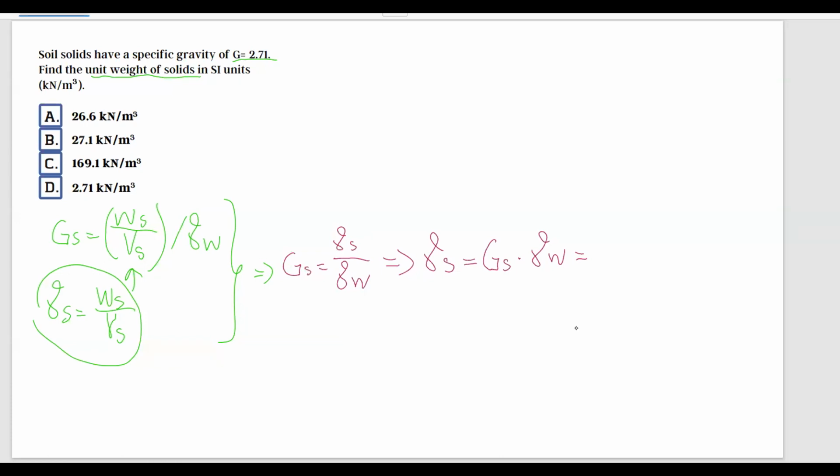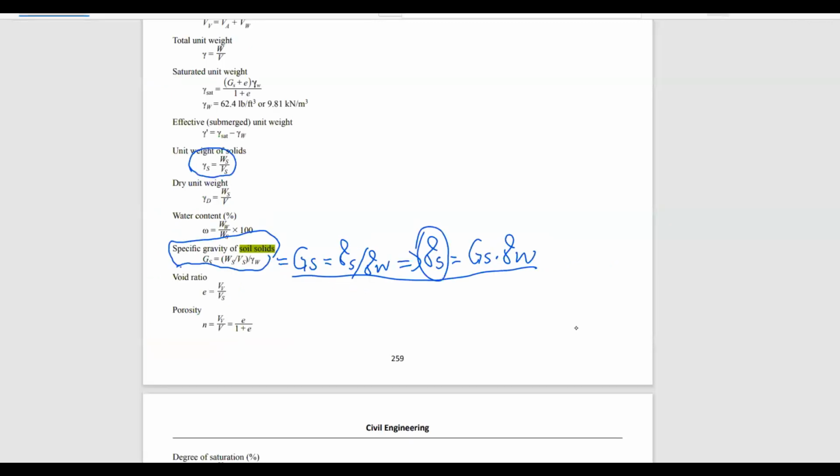specific gravity is equal to 2.71, and gamma water, let's write this down, gamma water. We are working with metric units, so we can find gamma water here. Gamma water, this is for US units, and for metric units, we have 9.81 kilonewtons over meters cubed.